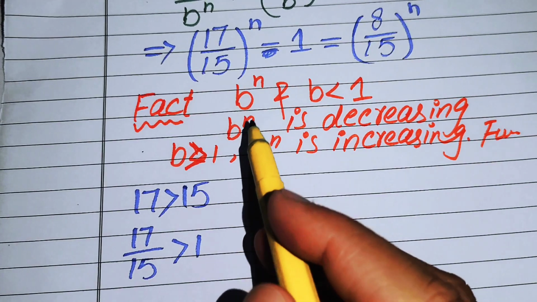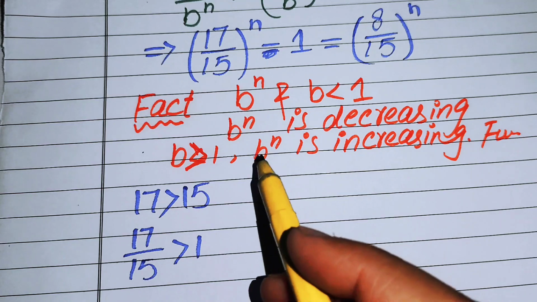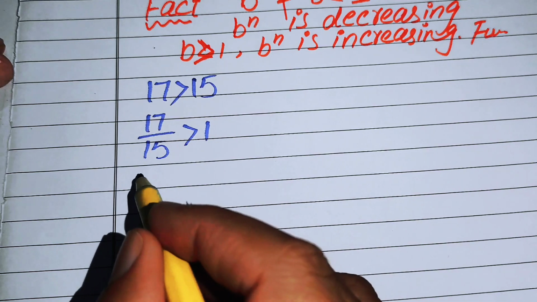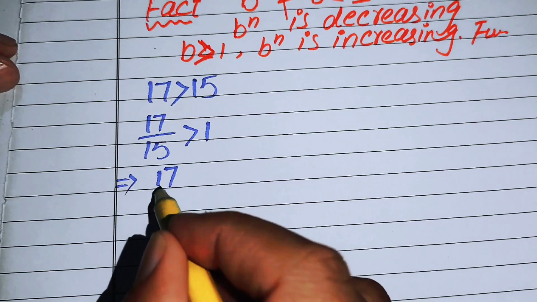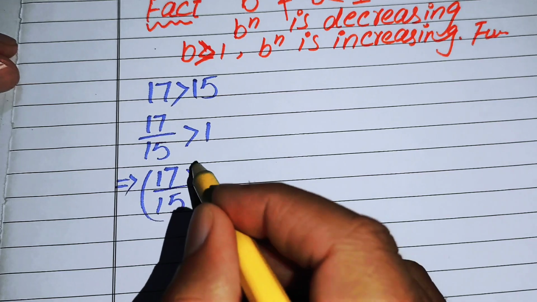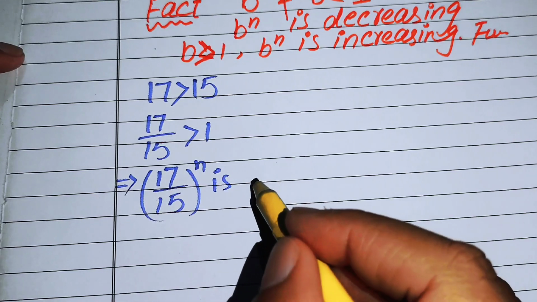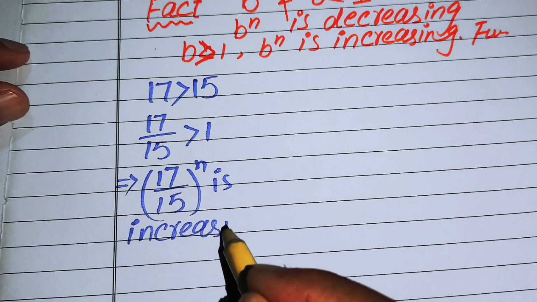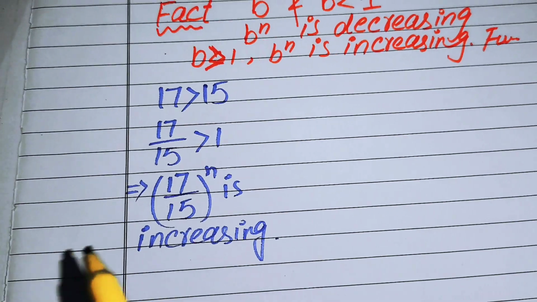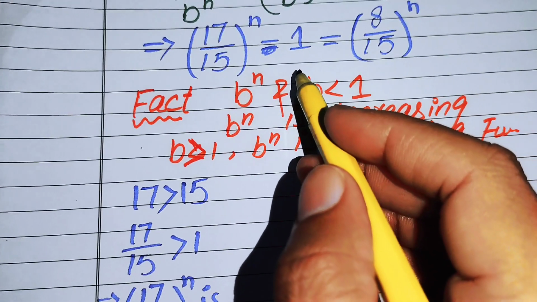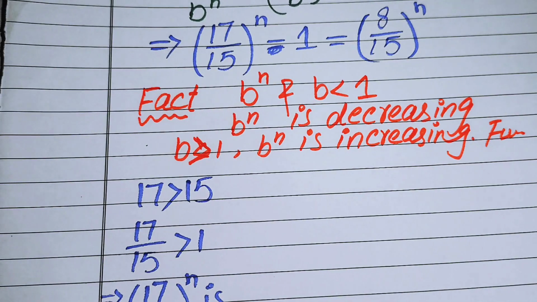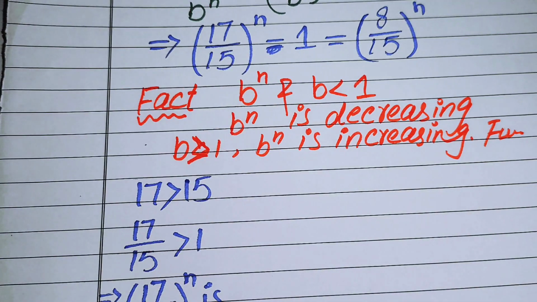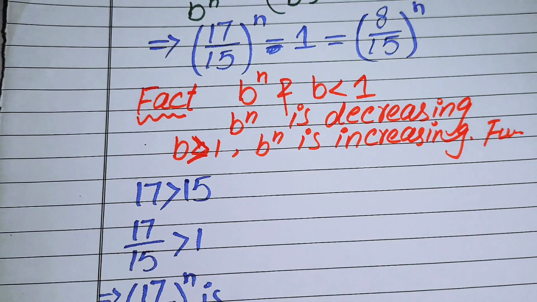According to this law, if our base is greater than 1, then the given function is an increasing function. So 17 over 15 to the power n is an increasing function. And if we subtract something from an increasing function, it remains an increasing function, so our left hand side is completely an increasing function.